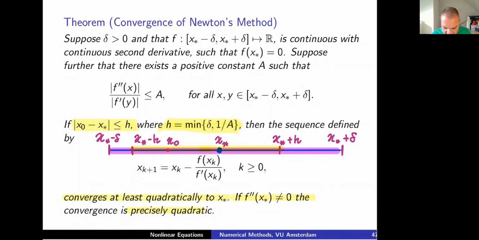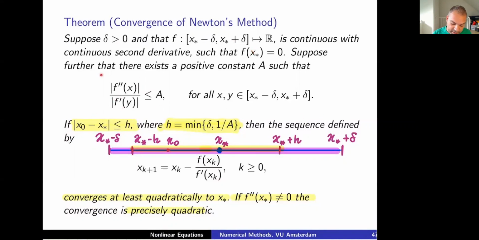The only other comment I have is that this statement effectively excludes the possibility that f prime is 0 at x star. If f prime was 0 at x star, then you wouldn't be able to find this bound.